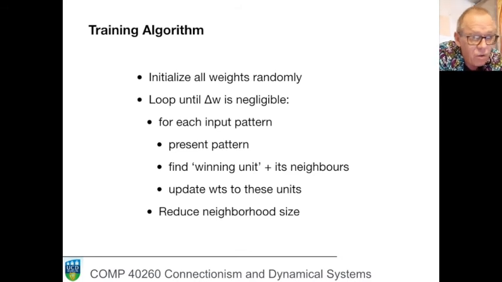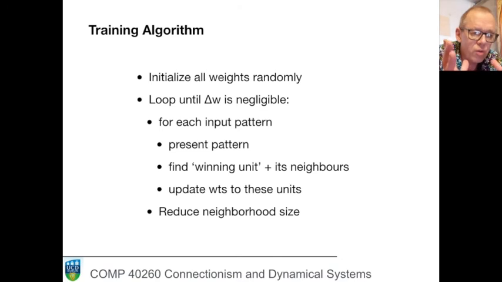So we find that unit and we say, aha, I see you saw this pattern. Okay. Now we're going to consider you and your neighbors, those units which are close to you, and we're going to update the weights so that the next time this pattern occurs, you and your neighbors are going to be selectively more sensitive to this. And we repeat for all the patterns, and we do this many thousands of times.